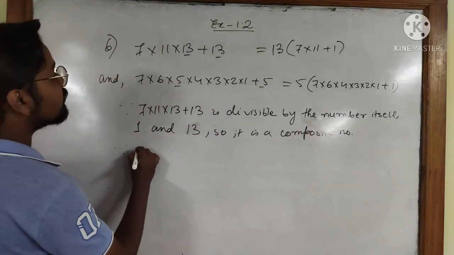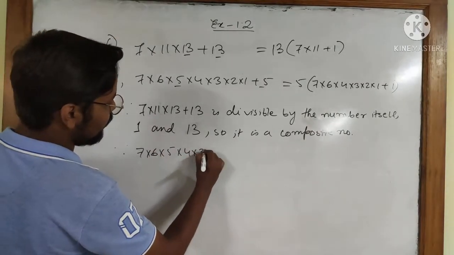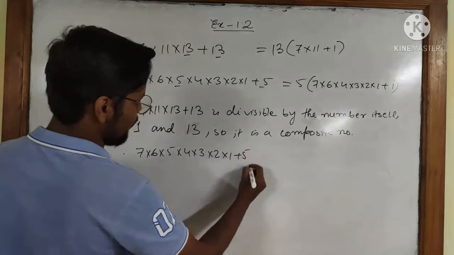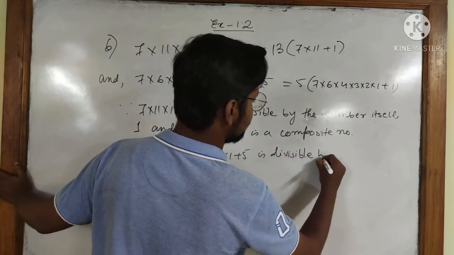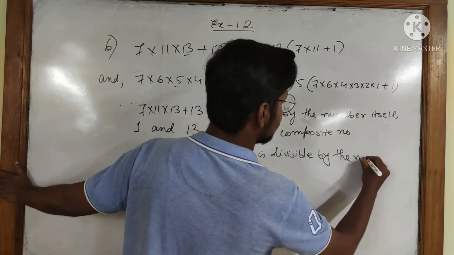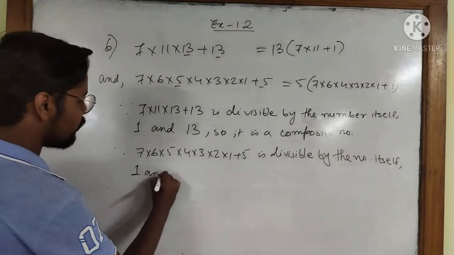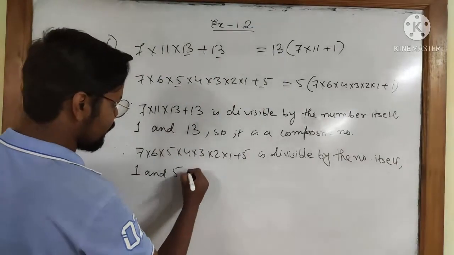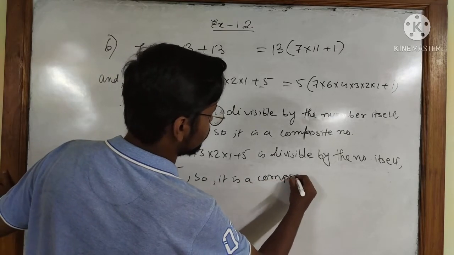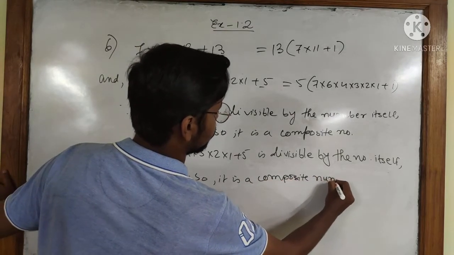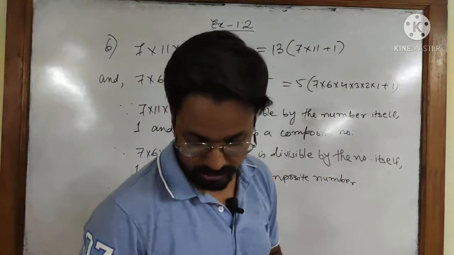Similarly, since 7 into 6 into 5 into 4 into 3 into 2 into 1 plus 5 is divisible by the number itself, then we have 1, and also it is divisible by 5, so it is a composite number. So that's how we solve this sum, question number 6.